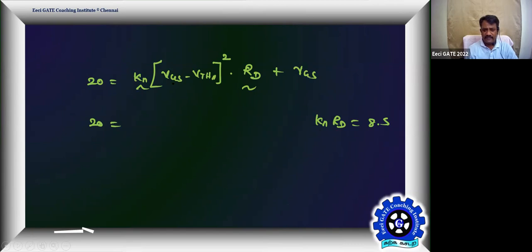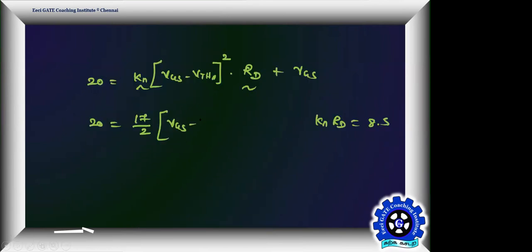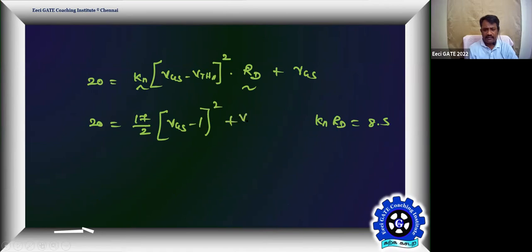So then instead of 8.5, I prefer to take it as 17 by 2, so that it plays well with the integers. Correct? 17 by 2, you can take as the Kn into RD product, then VGS minus what is the threshold? 1 volt. Okay, then (VGS minus 1) the whole square, plus VGS.